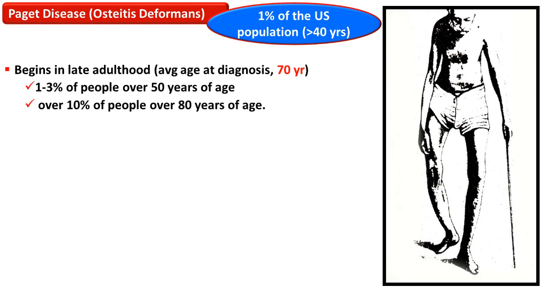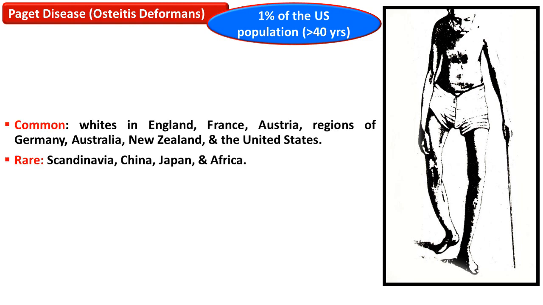The average age of onset is about 70 years. One third of these patients are above the age of 50, and the disease is manifested in about 10% of people over the age of 80 years.